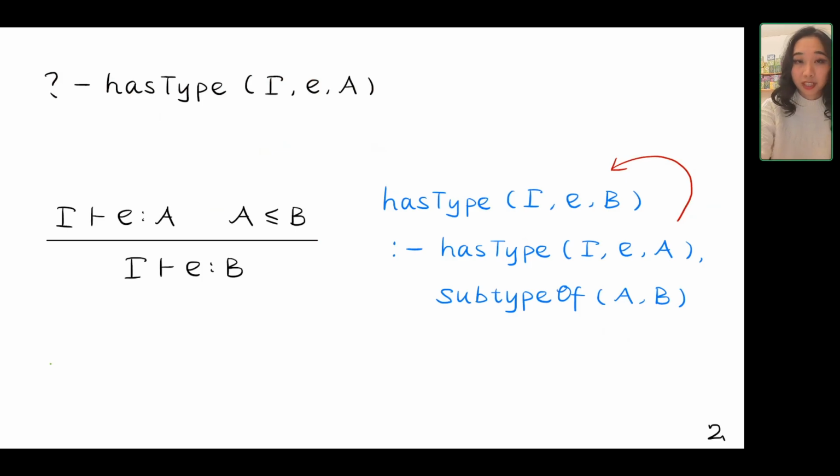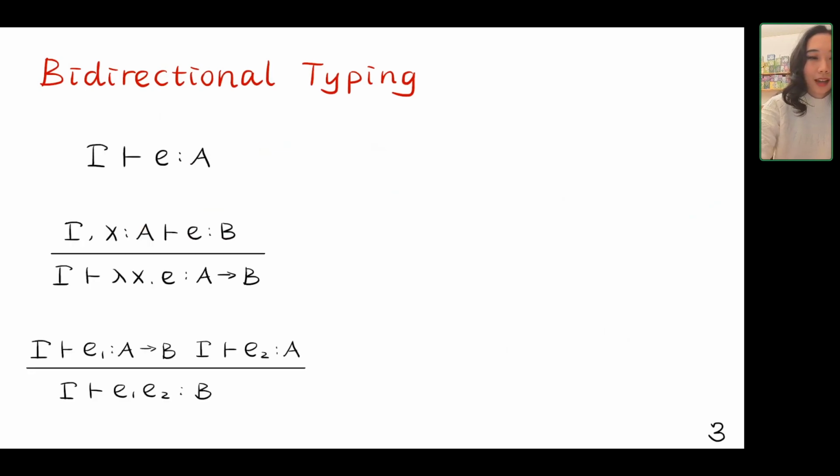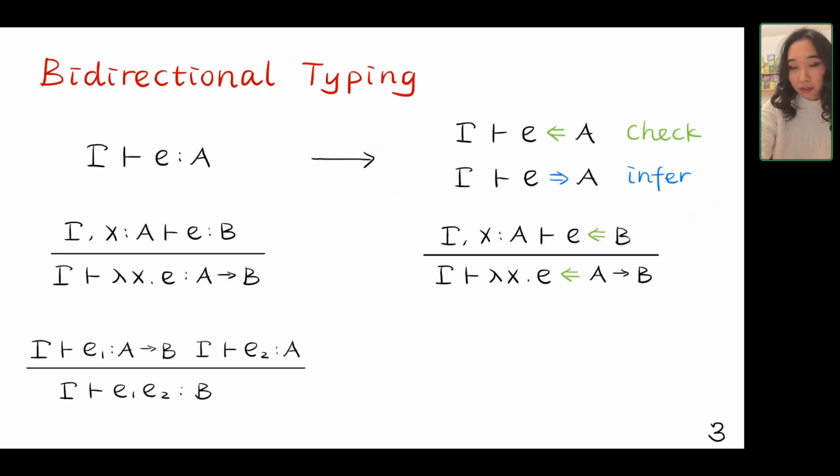One way to put more restrictions is called bidirectional typing, which Nicola, I think, has kindly mentioned earlier before noon. So let's have a review of what this is. Given a normal typing system, we can transform it into a bidirectional one by using two kinds of judgments, so two directions. The first one says we're going to check that E has type A, and the second one says we're going to infer that E has type A. We can, again, write our typing rules using our new judgments.